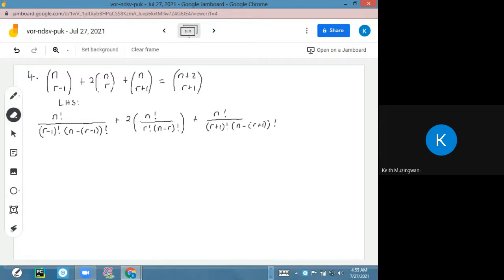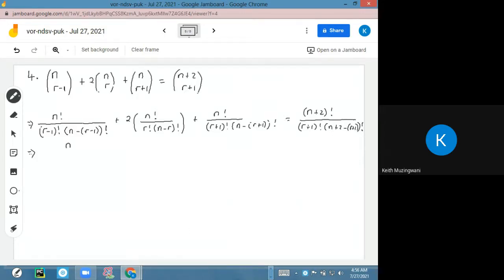Or if we want, we can first say we are reducing both sides so that we know what we should expect on the right. It is n plus 2 factorial that we should expect to see for us to say we have found the solution, over n plus 1 factorial, n plus 2 minus r plus 1 factorial. I think this will be simplified further together.